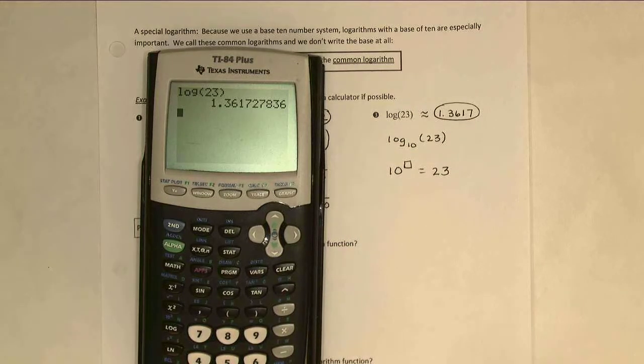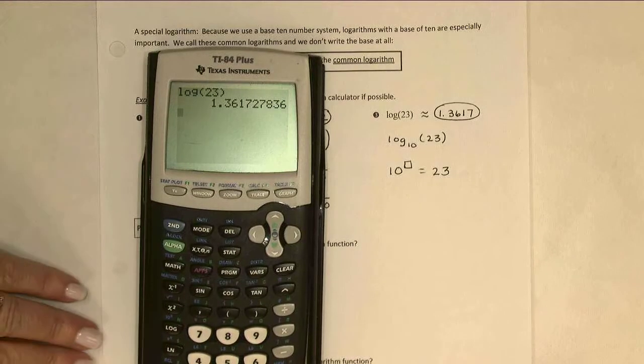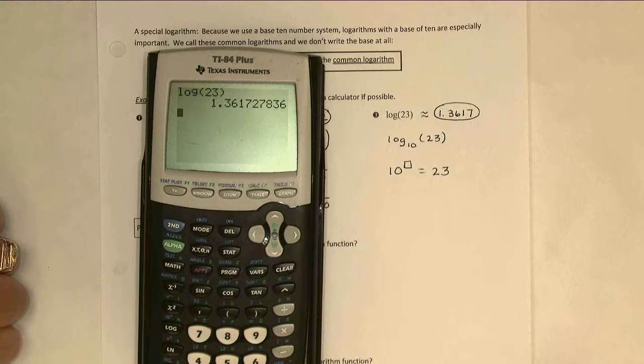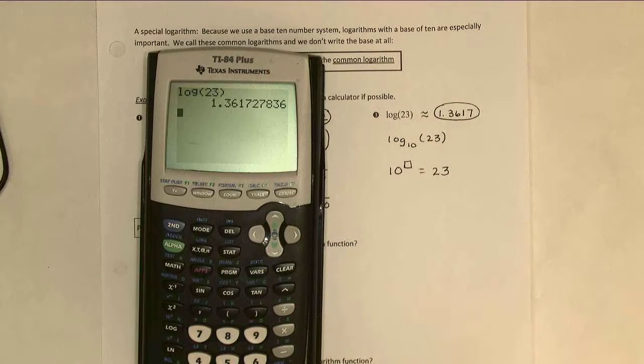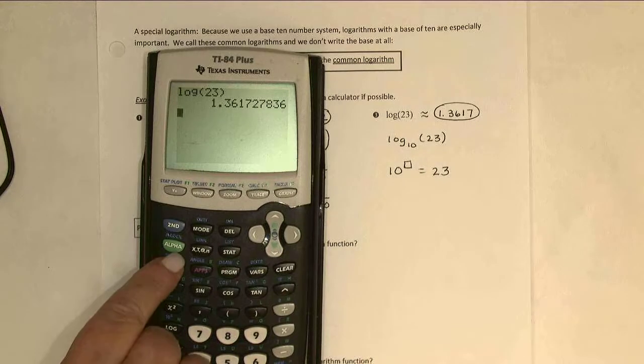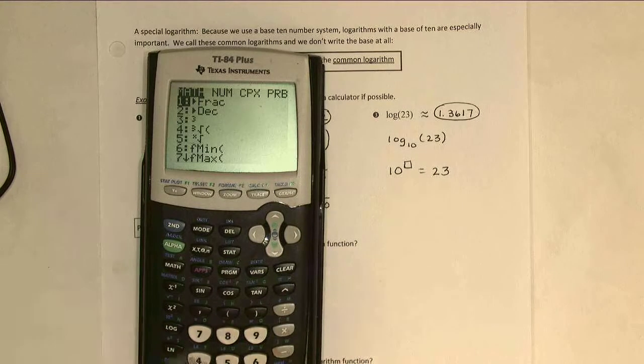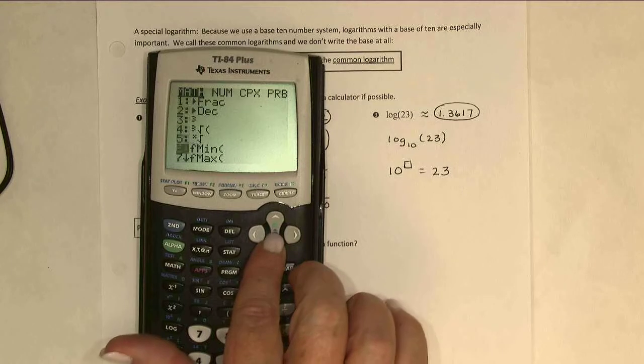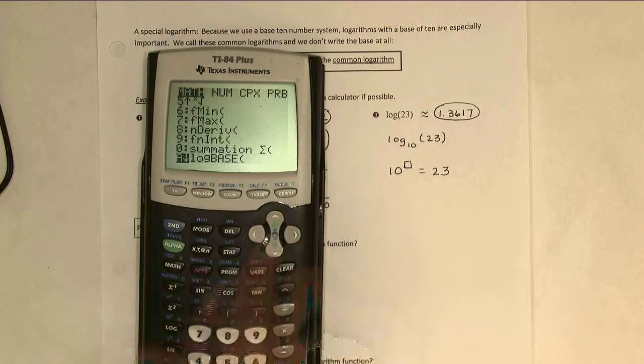I mentioned that your calculator is capable of doing other logarithms as well. And I don't recommend getting in the habit right away of using the calculator to find logarithms when they can be found by hand, because you never really develop that sixth sense about logarithms, or that ability to sort of understand what they are. However, if you're stuck, or if you have a logarithm with another base that doesn't come out evenly like this one, you actually can find in your Maths menu, if you go down a ways, you will find log base.